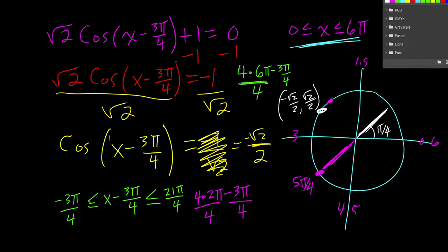We have cosine, so we're interested in a negative x value. And then we also go down here, which is this same value. Okay, all right. So we're going to be here because this is negative square root of 2 over 2, comma, negative square root of 2 over 2.